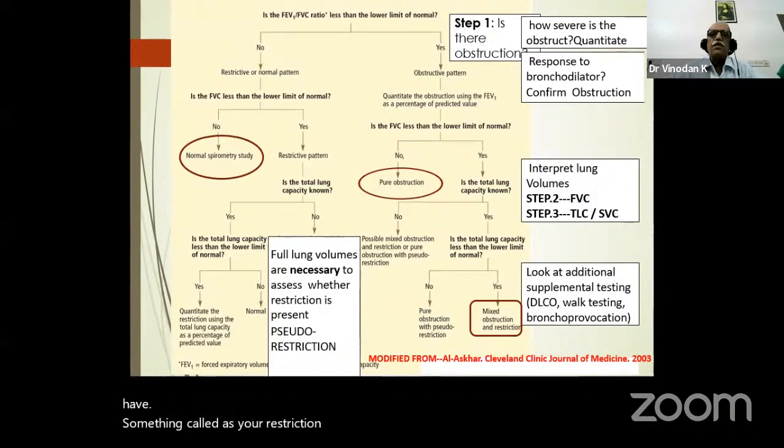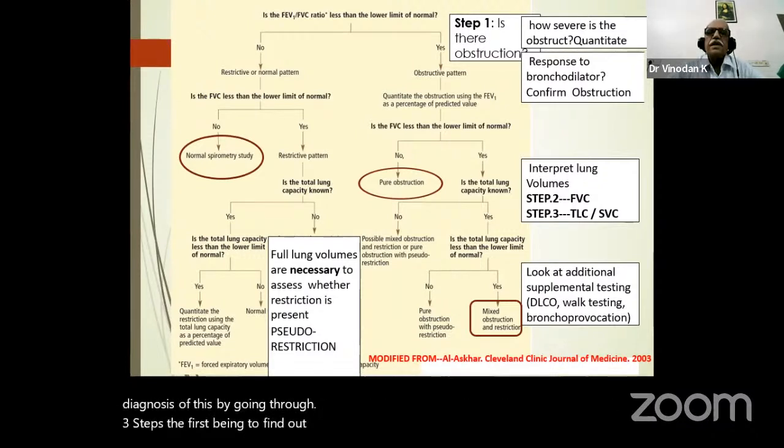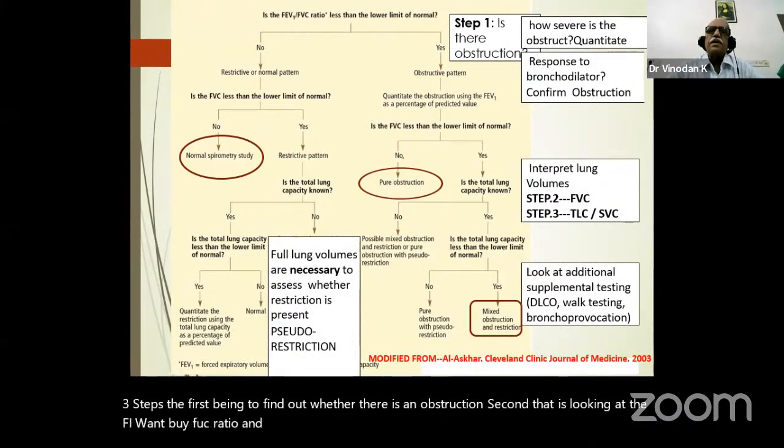We found out how you can come to a diagnosis of this by going through 3 steps. The first is to find out whether there is an obstruction by looking at the FEV1 by FVC ratio, secondly by looking at the FVC, and thirdly looking at the TLC or the slow vital capacity.